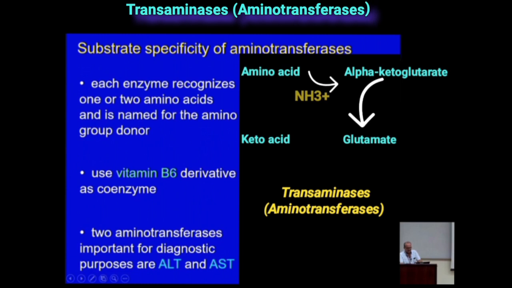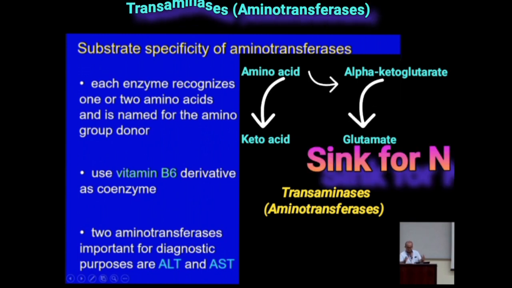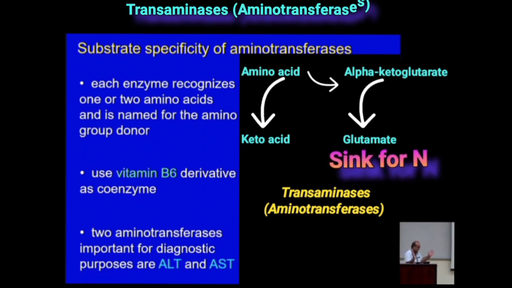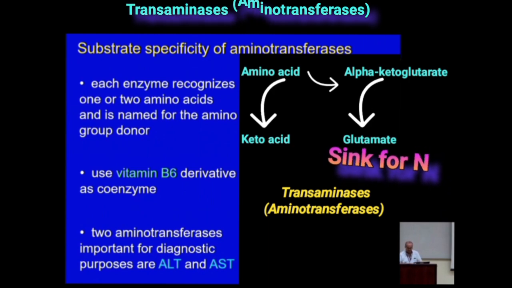So when you add the amine group to alpha ketoglutarate, you're going to form the amino acid glutamate. So in many ways, many amino acids will eventually donate that nitrogen to alpha ketoglutarate to give you glutamate. So glutamate becomes the sink for all that nitrogen coming from other amino acids. Okay?